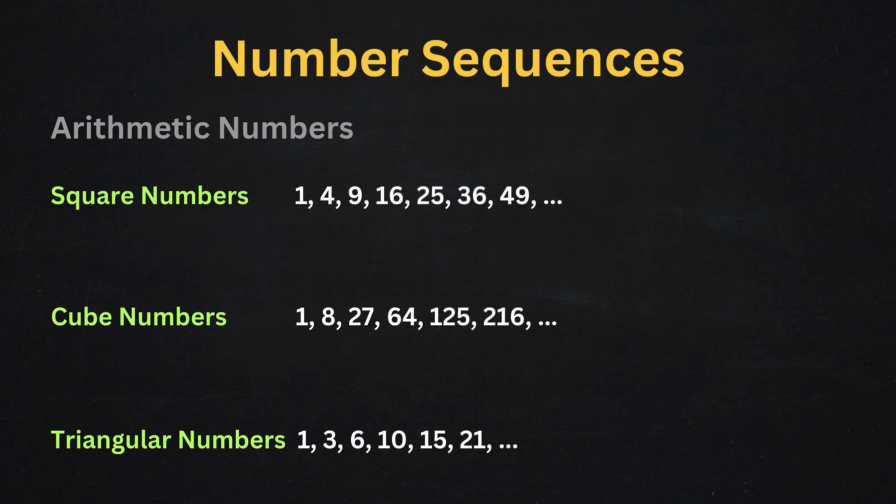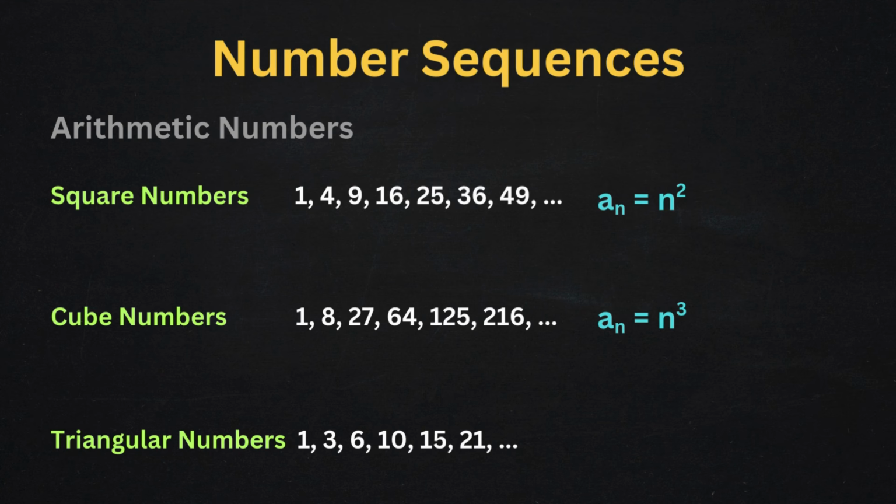Now, what will be the nth term of square numbers? n squared. What about cube numbers? It's n cubed. Simple. So, for the square sequence, we use the formula for nth term as n squared, and for the cube sequence, the formula is n cubed. We can identify them easily.